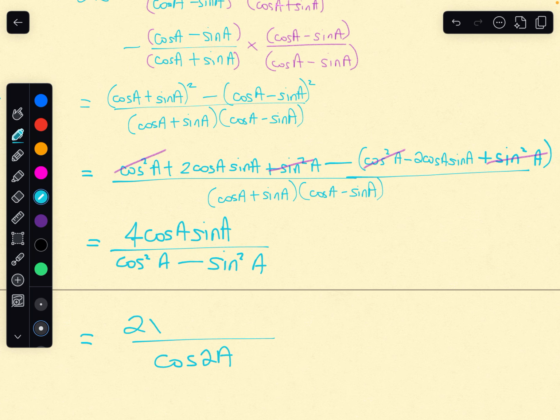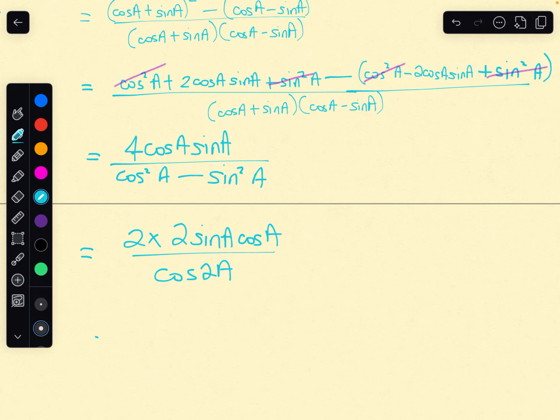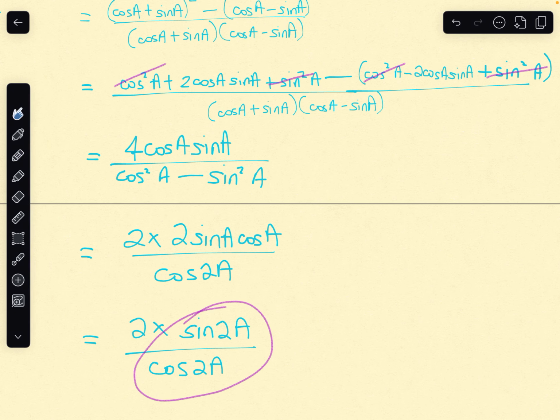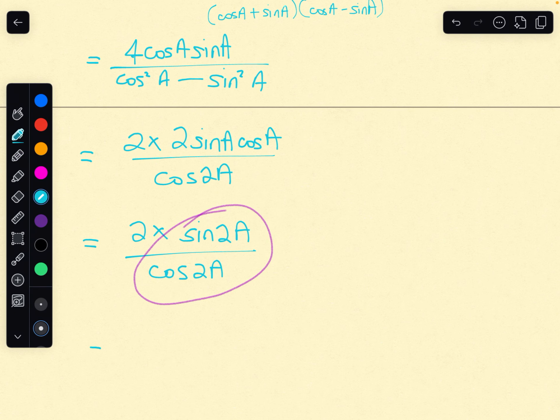This is the same as 2 times 2 sine A cos A, which would then be the same as 2 times sine of 2A. And then this guy over here is the same as tan of 2A using our quotient identity.